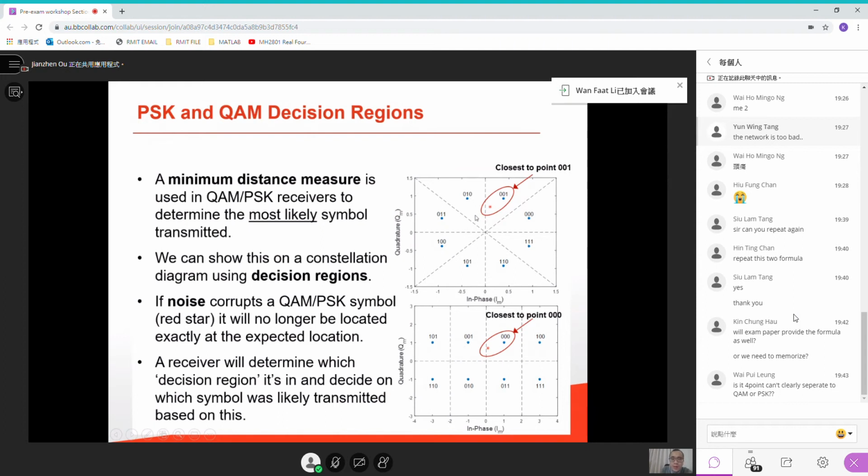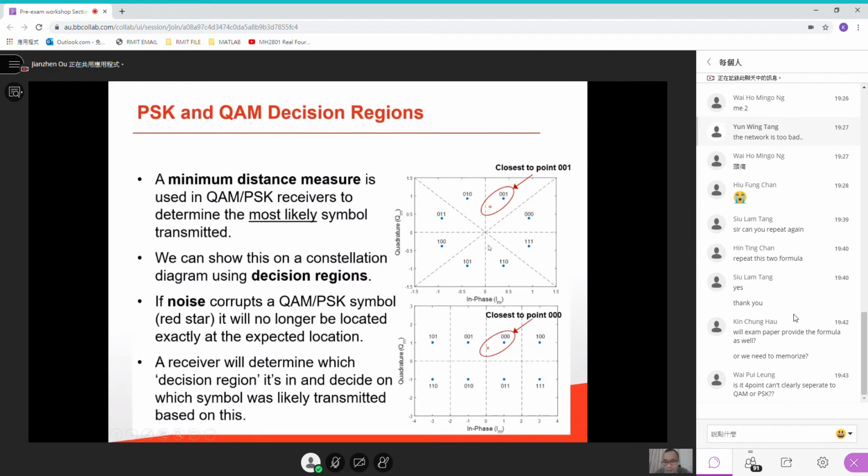For instance, you get the message somewhere here, so you have to look for the minimum distance. For instance, here, within the region, it should belong to 0, 0, 1. In here, it should belong to 0, 1, 0, and here should belong to 1, 0, 1. So it's not so difficult.